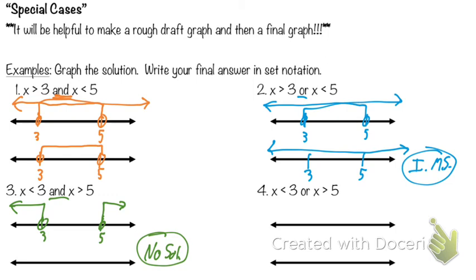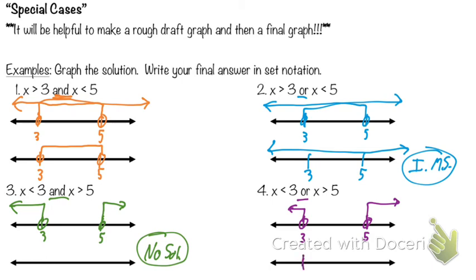Let's look at number 4. x is less than 3, or x is greater than 5. So we have the same numbers and inequalities as we did on number 3, but this time we have "or" instead of "and." So let's graph them again, just like we did on number 3. And we say, okay, well, that's pretty normal for an "or" graph. That's pretty normal for an "or" graph.